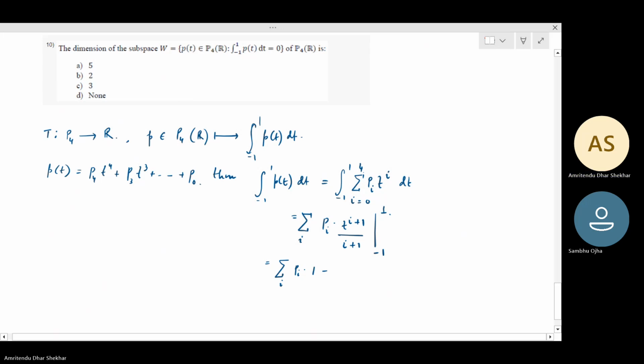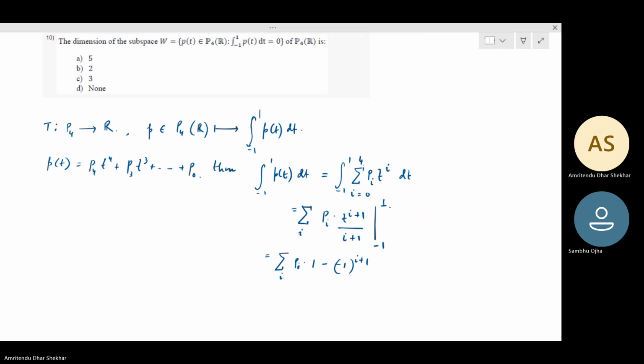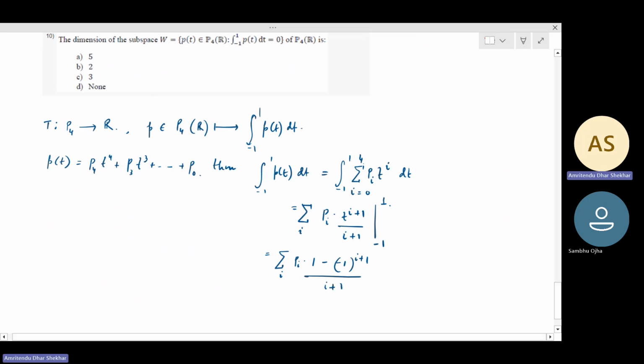So this is going to be equal to the sum over i of p_i times (1 minus (-1)^(i+1)) divided by i+1. So essentially, only the even i's remain. The odd i's all get cancelled out.